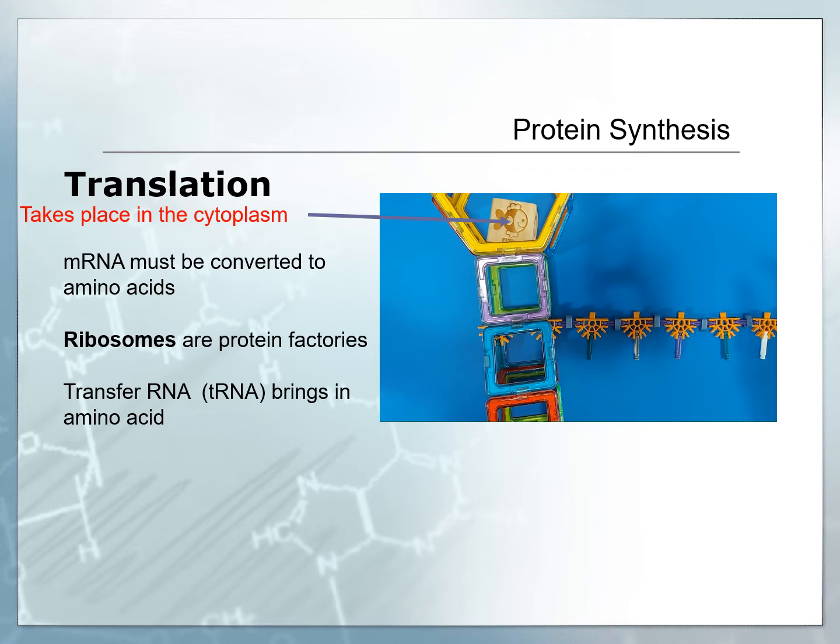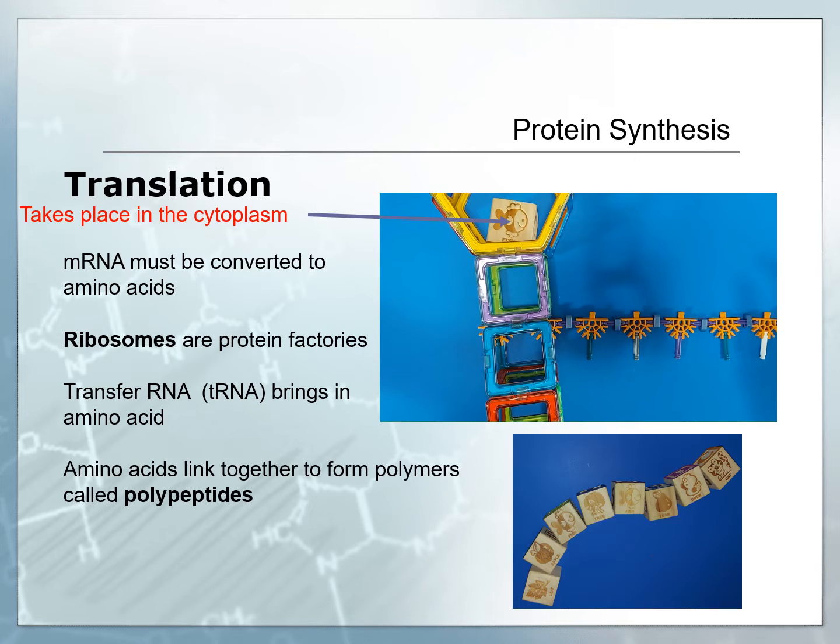Remember that translation takes place in the cytoplasm. Amino acids will link together to form a polymer called a polypeptide. Polypeptides fold together to form proteins.